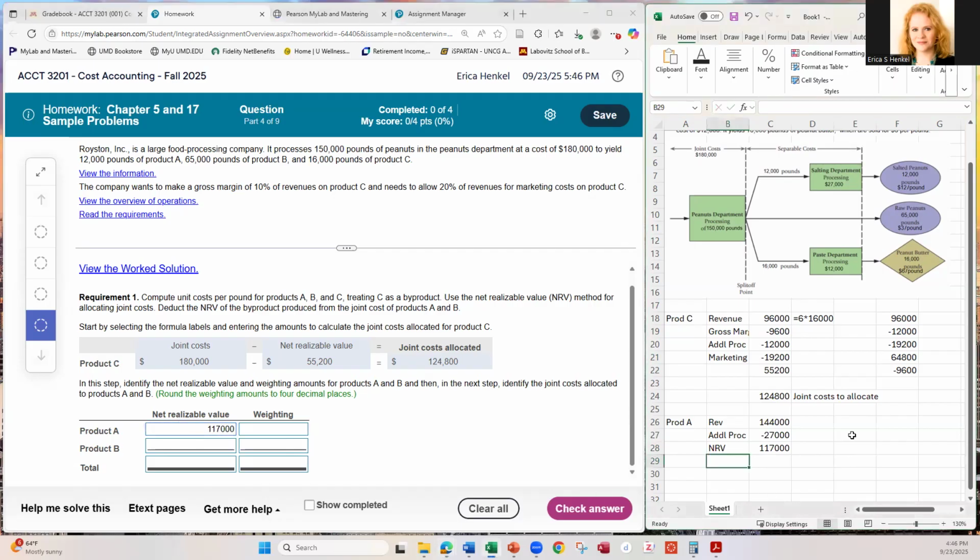And then we're going to do the same thing for product B. Revenue is going to be 65,000 pounds times $3 a pound for 195,000. And there's no additional processing, so that's just going to end up being our net realizable value there.